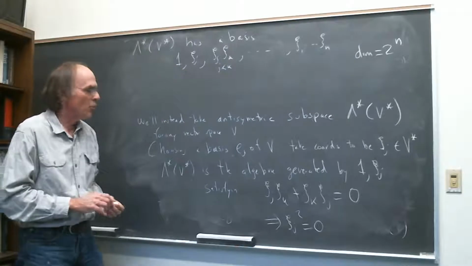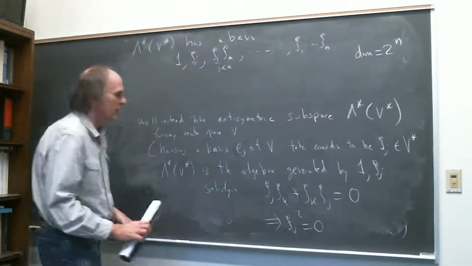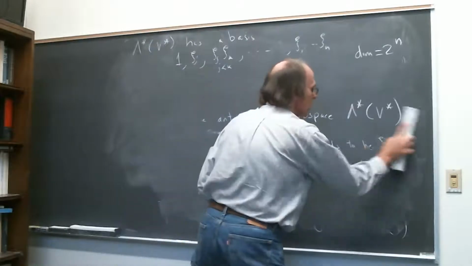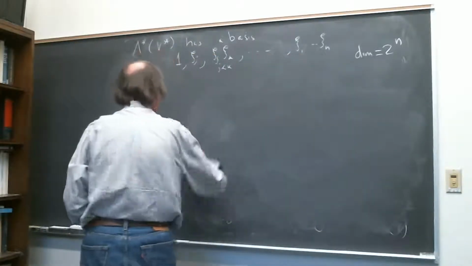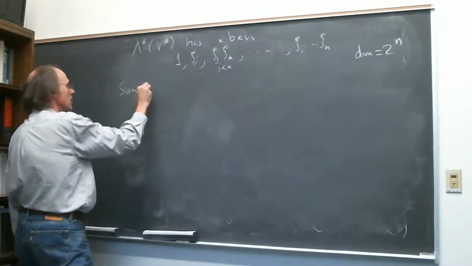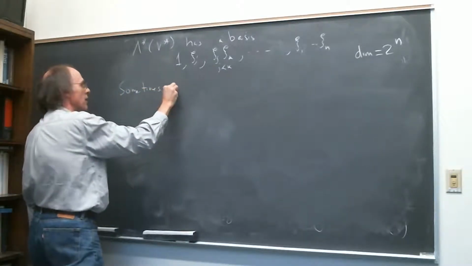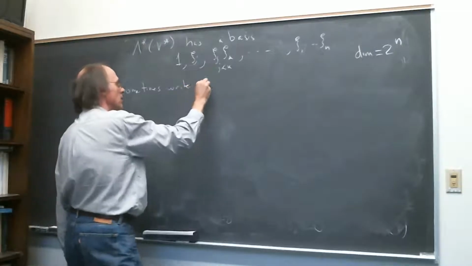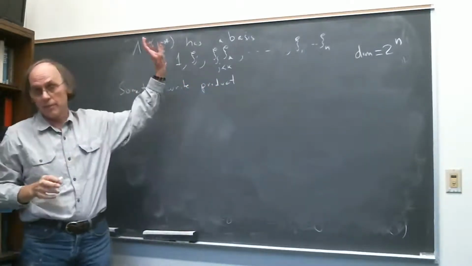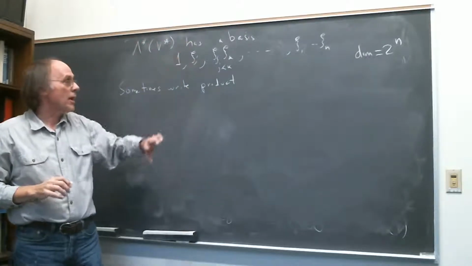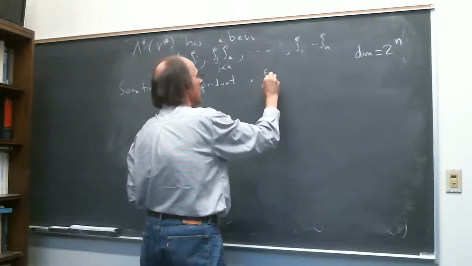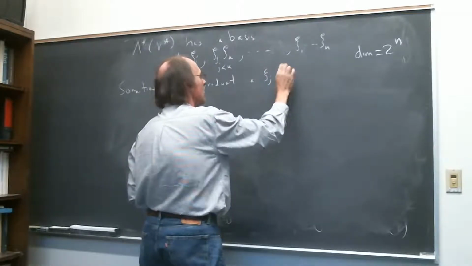And maybe one other thing to say, very general: sometimes you write the product. To make clear that this is a product in this antisymmetric exterior algebra, you write it as J wedge.